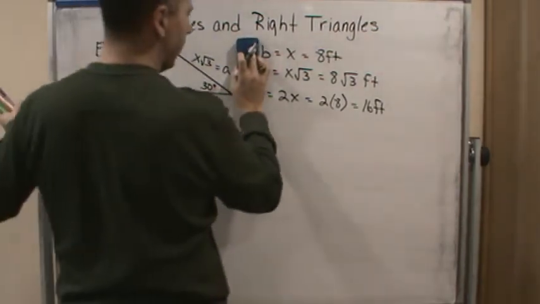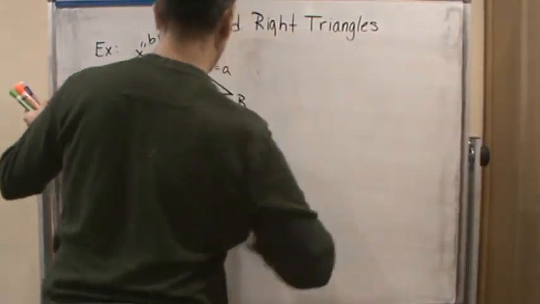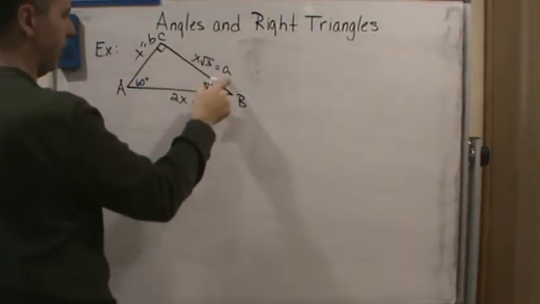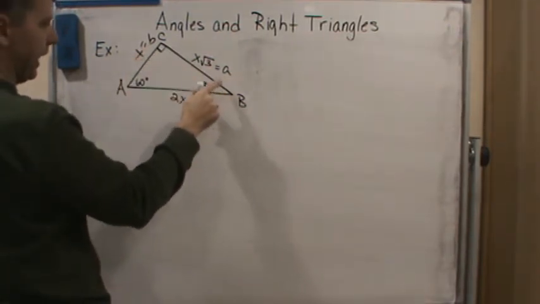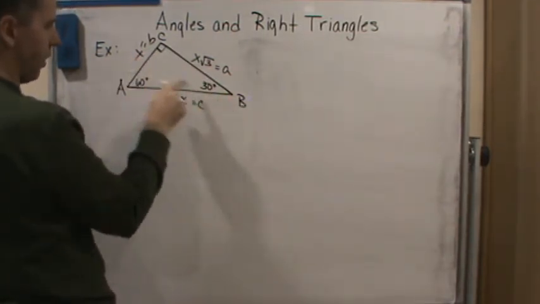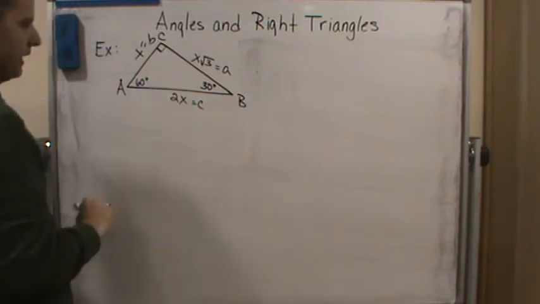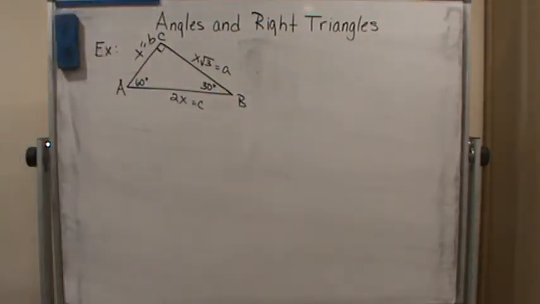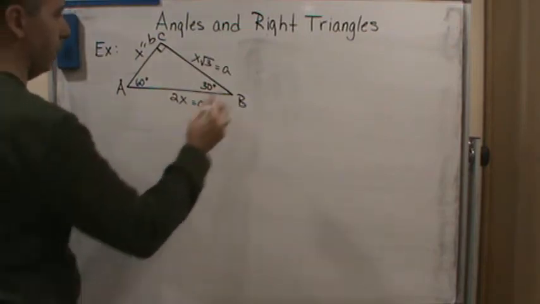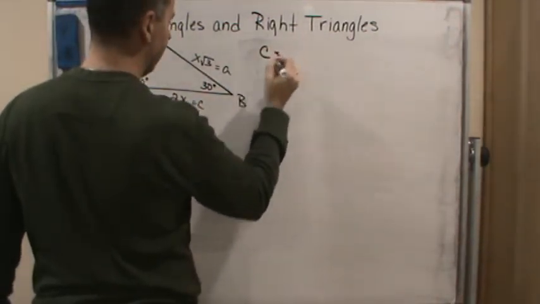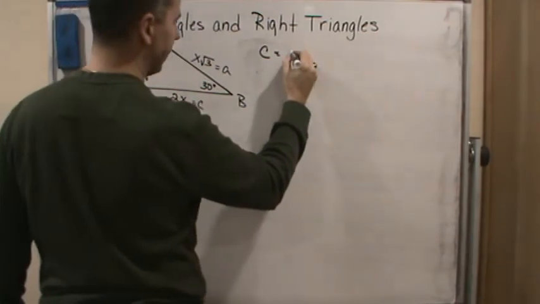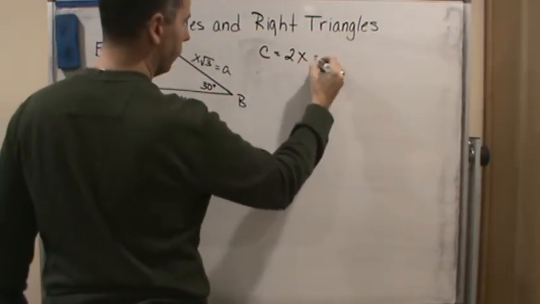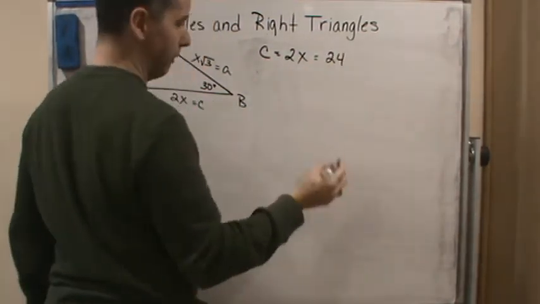It's the next one that I made a mistake on. So again, just make sure A is across from A, B is across from B, and C is across from C. Now, in the second one, they gave us that C was 24 inches. So C is equal to 2X, which equals 24 inches.